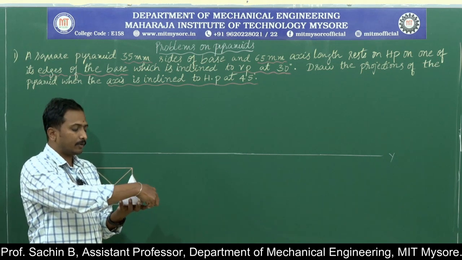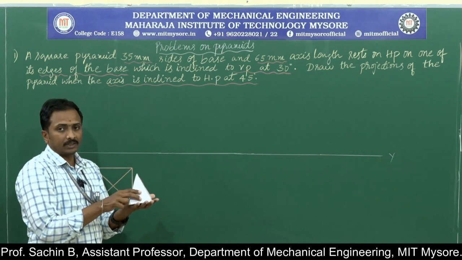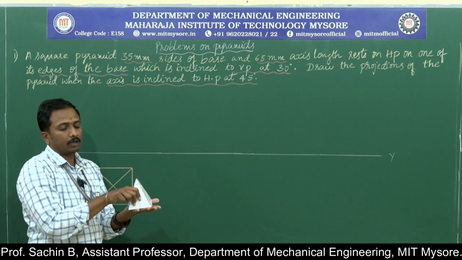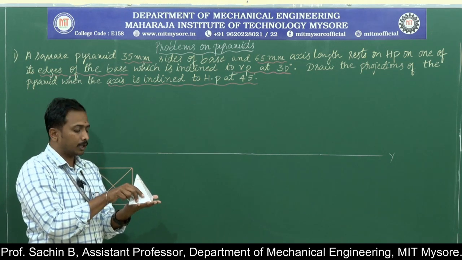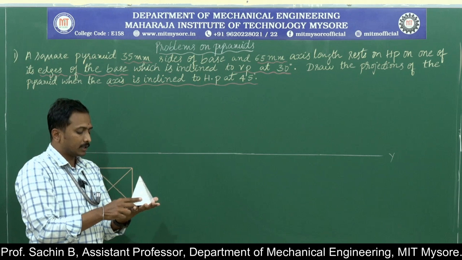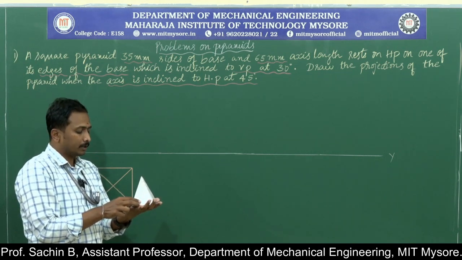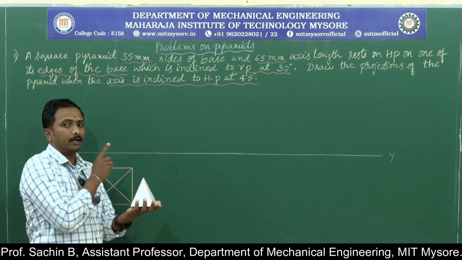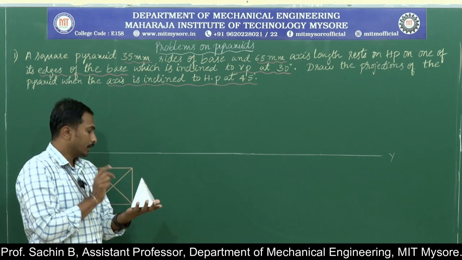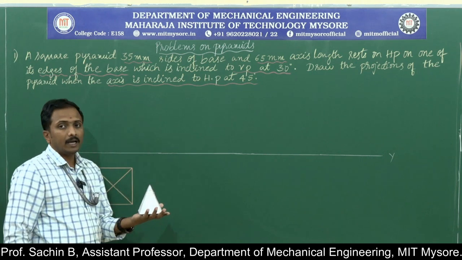In a square pyramid we have 4 base edges, and I can rest any of the edges on HP. By taking this into consideration, I have drawn the object like this, by keeping the base edge parallel to VP and resting on HP at some distance from the axis line.